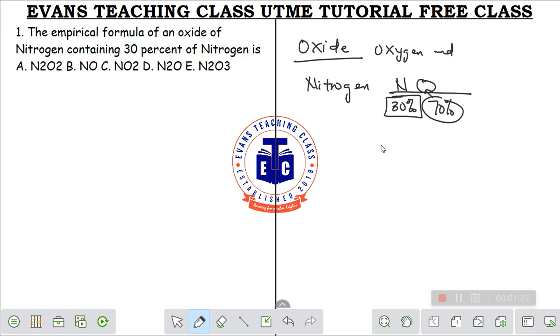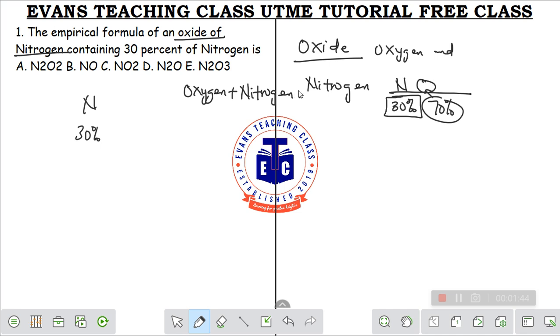What I'm saying is nitrogen already covers 30%. They already said in the question the empirical formula of an oxide of nitrogen. What they mean by oxide of nitrogen is oxygen plus nitrogen. That's the compound.